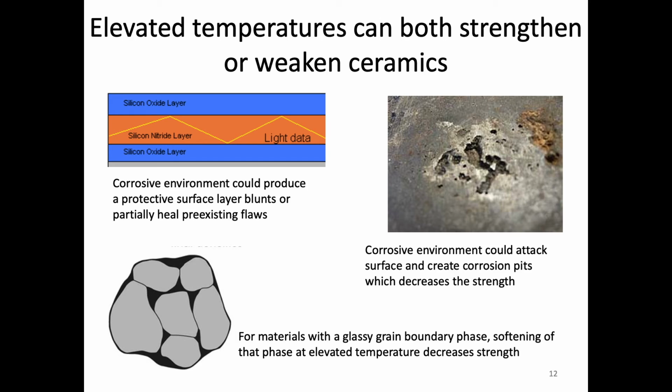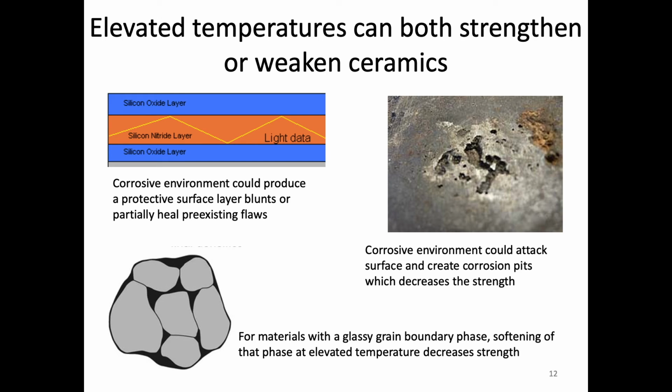That's what happens with aluminum and the aluminum oxide on its surface. But also, a corrosive environment could attack the surface and create corrosion pits in some ways as well. And so that could decrease the strength by creating flaws. So you can kind of see here a pit, which is obviously going to be a stress concentration factor in the material.